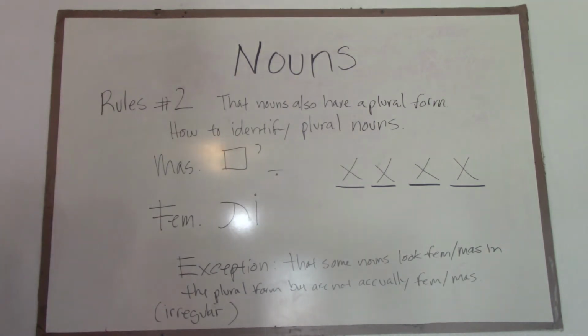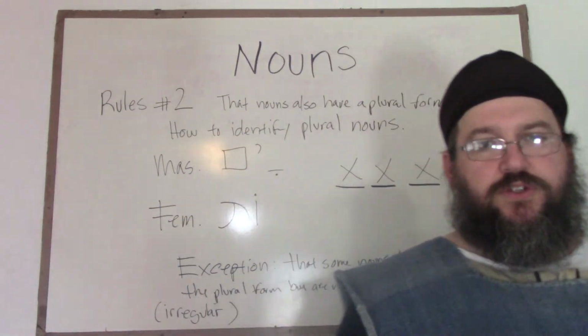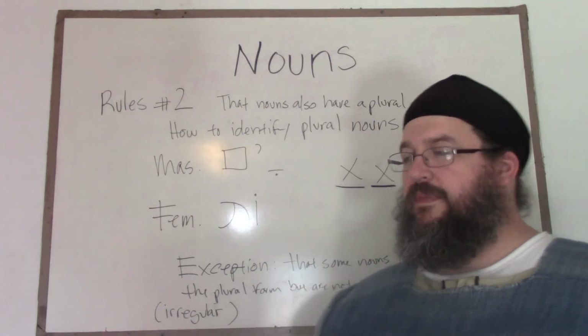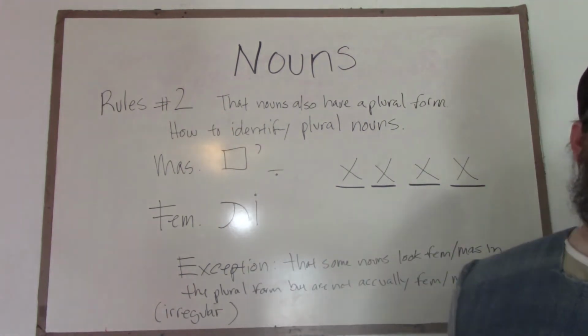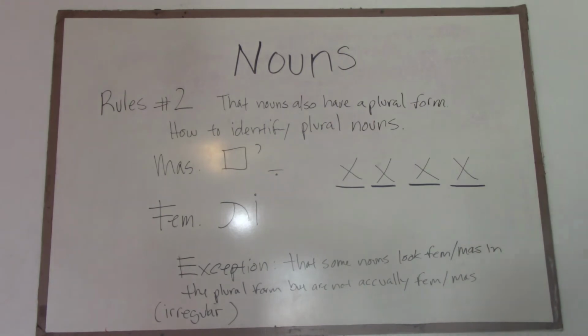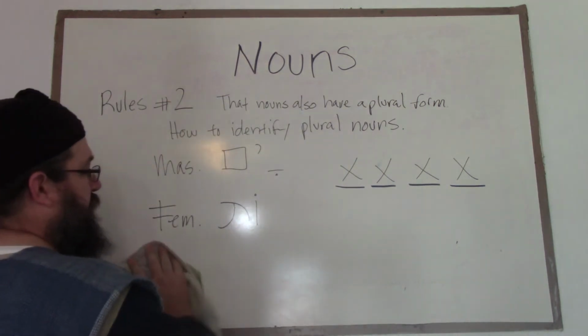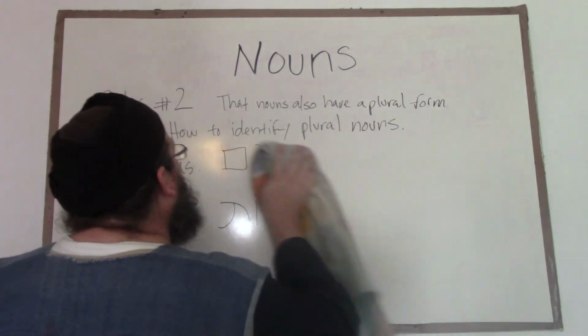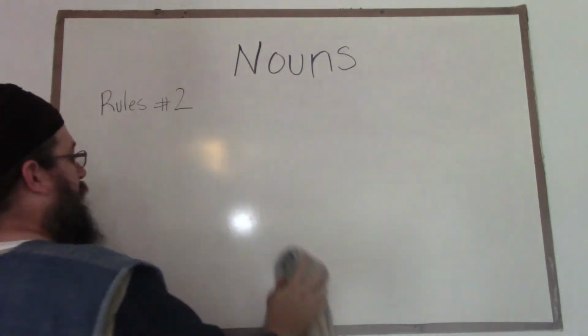Now, how can I see if there's a hay or tav at the end? Well, you have to also know there's another rule, okay? And that rule is going to be what we go to when we get to number 3. This is going to be how to identify the changes of nouns from singular to plural when it comes to feminine. Okay?